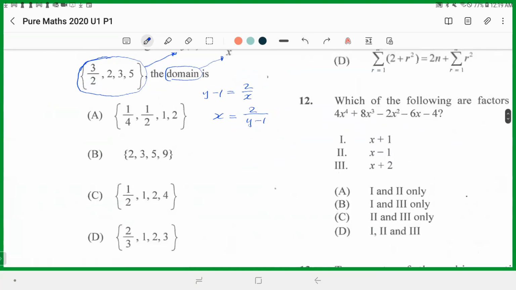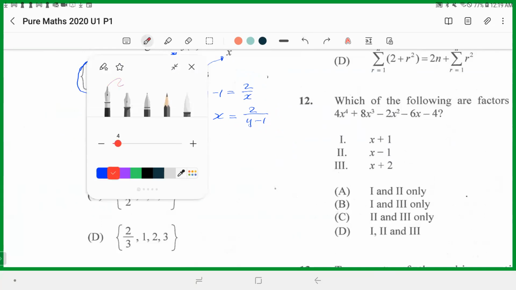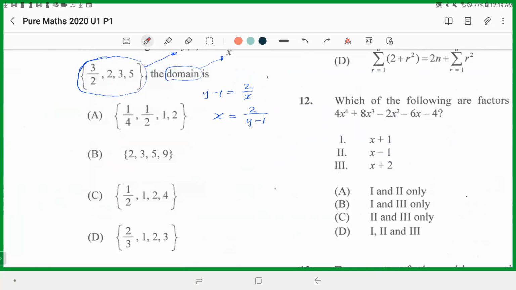All right. So I'm going to plug in these 3 values first and see if we can pick up what the answer is, because I'm going to use a process of elimination. I'm going to plug in the 2 first. So y equals 2.